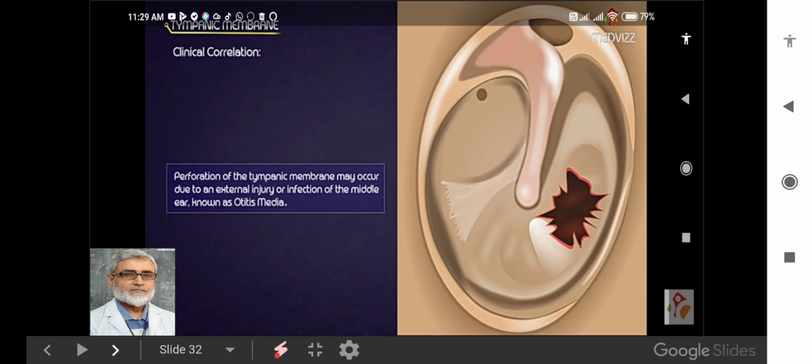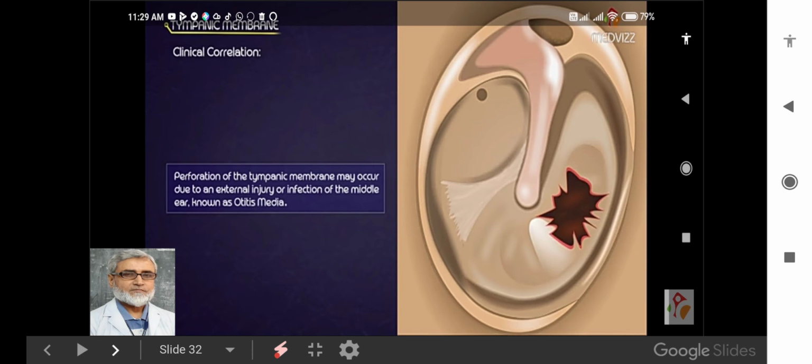Chronic suppurative otitis media may lead to infection of the mastoid process, that is mastoiditis, or any infection in the bone in that region for a long time may lead to meningitis. Though rare, it may happen.